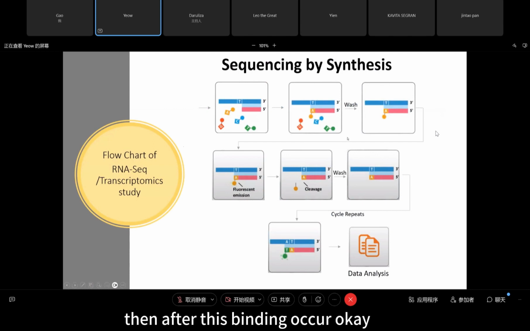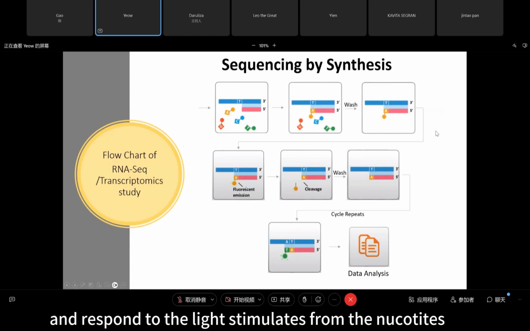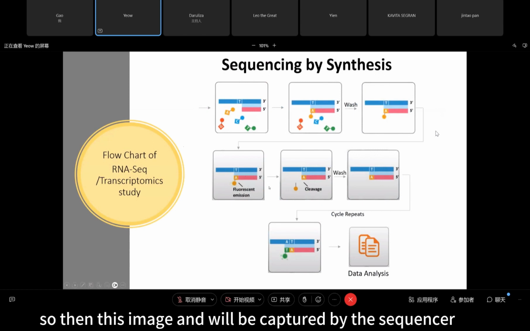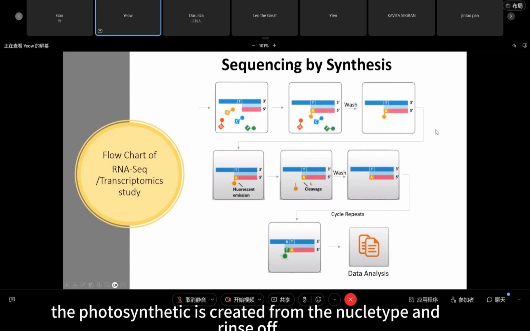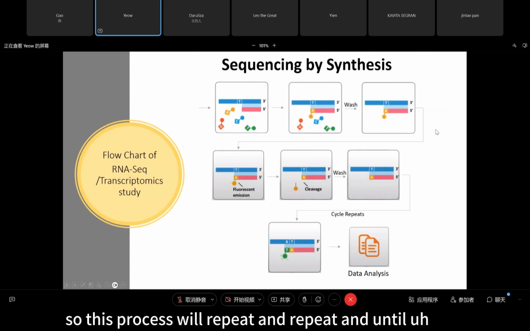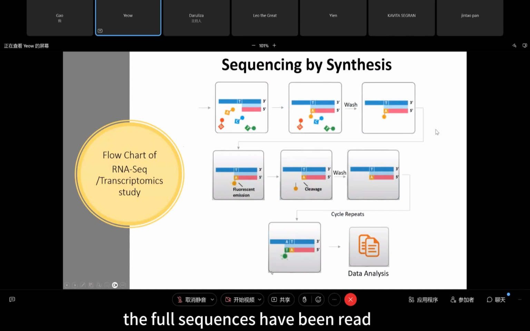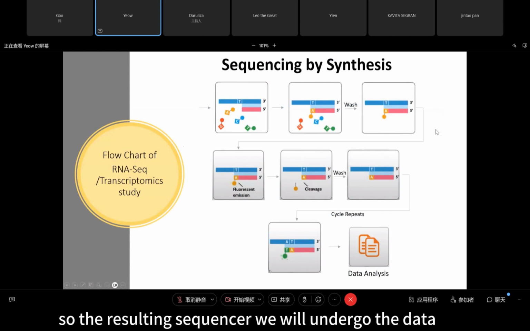Then after this binding occurs, there will be a fluorescent emission in response to the light stimulus from the nucleotides. This image will be captured by the sequencer. Following this binding and imaging, the fluorescent dye is cleaved from the nucleotide and rinsed off. This process will repeat until the full sequence has been read. The resulting sequencer reads will later undergo data analysis.